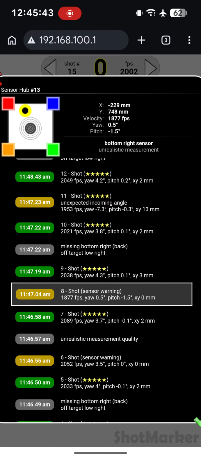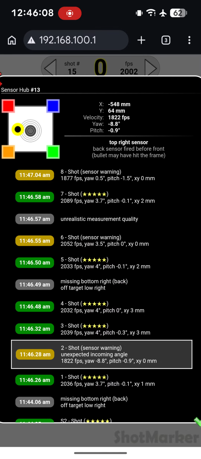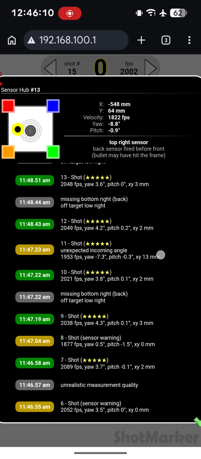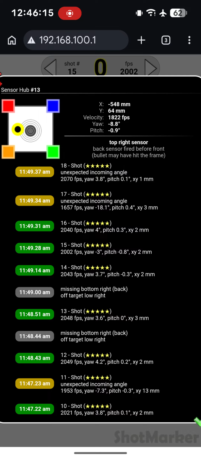So potentially, if we start looking at these timestamps, and we start looking at the adjacent target that fired at the same time, we might find that there were shots that happened right at that time, and that's what happened. And here's another one, also having to do with the right sensor. So we've got 1, 2, 3, 4, 5, 6 problematic readings.